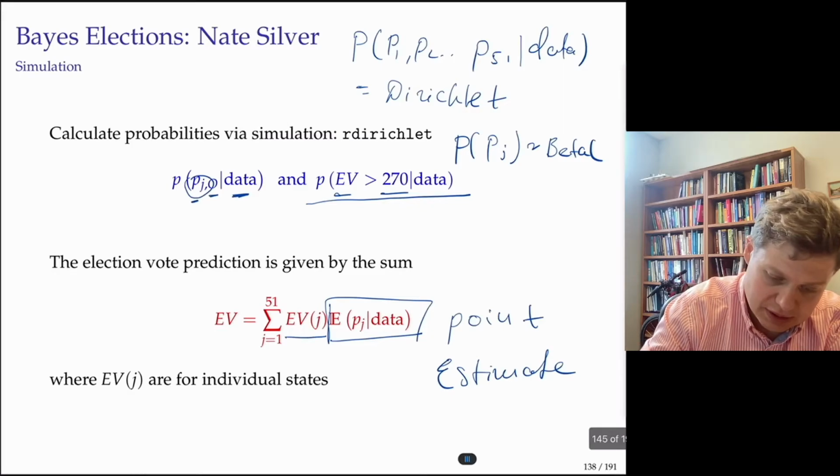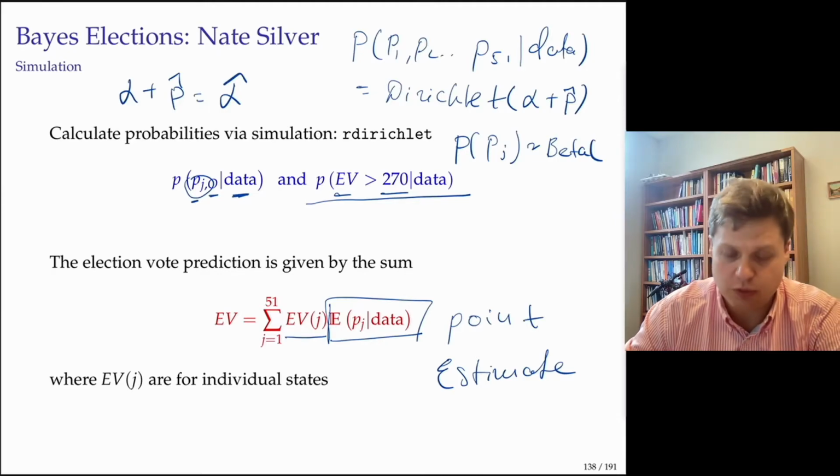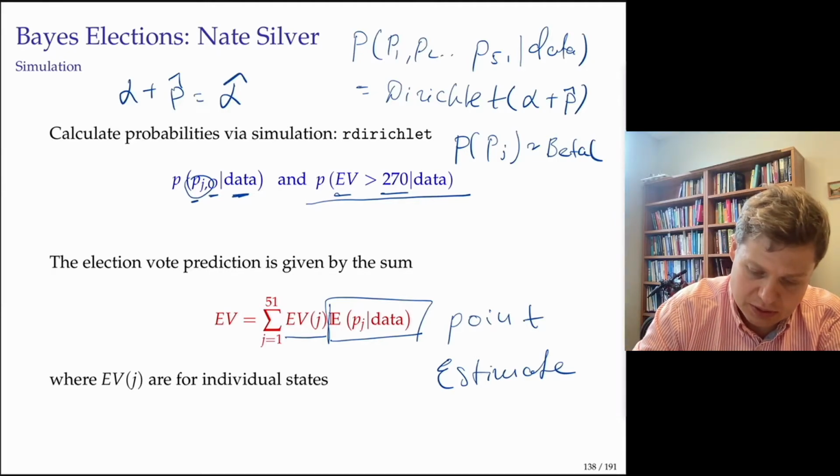So let's say it's Dirichlet with alpha plus P hat, and we're just going to call alpha plus P hat alpha hat, and it's just a vector with 51 entries. And the beta distribution will have parameter alpha j, and then the sum across alpha i's for all i not equal to j. So that's the marginal form.